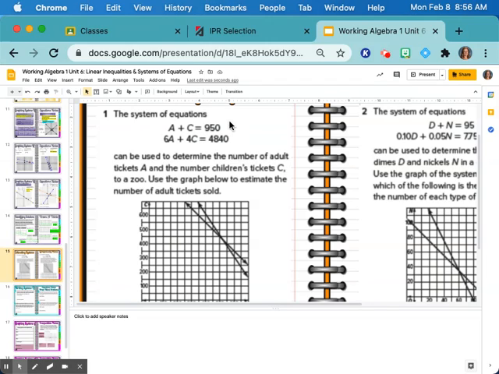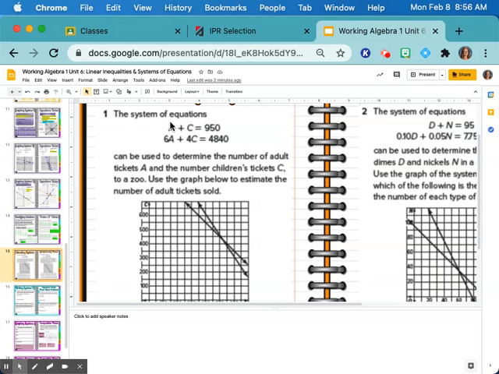So let's talk about what these equations mean, because you are going to be asked to write equations today. So we've got to know where these equations are even coming from as part of the word problem. So it says the number of adult tickets A and children tickets C. So the first equation says A plus C equals 950. So I'm going to replace these with words.